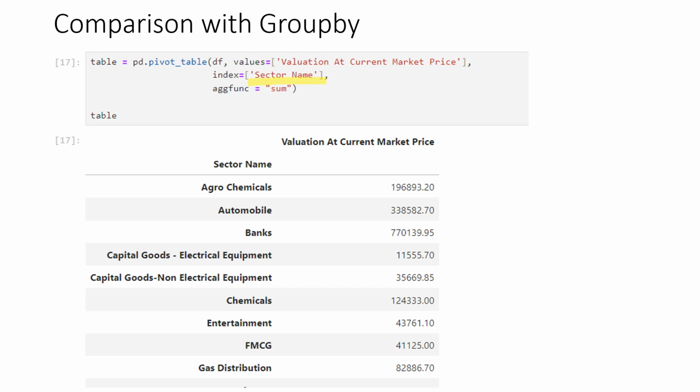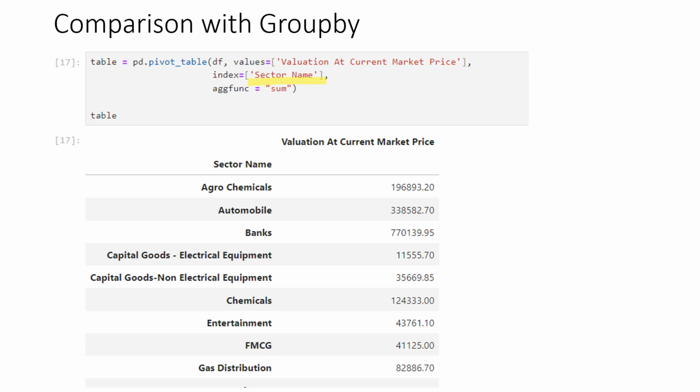So it is showing in agrochemical the total valuation of stocks is 1,96,893, in automobile 3,38,582, in bank 7,70,139. So this is the output of the pivot table for valuation of stocks under each sector.